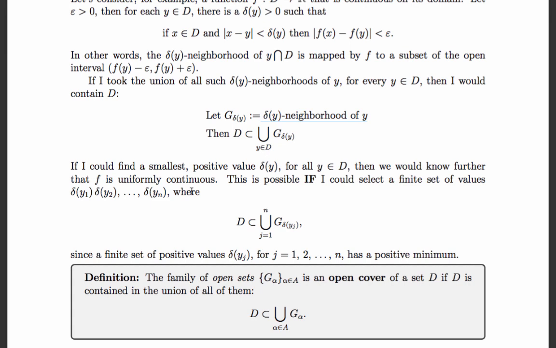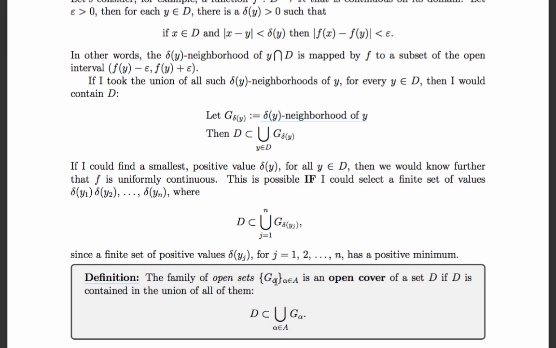So the family of open sets G alpha, where alpha is in A, right? So alpha you could think of as an indexing, except alpha may not be a natural number or an integer. It could be, well, any number of things that allows us to specify a particular open set.